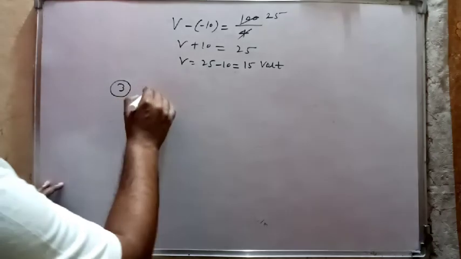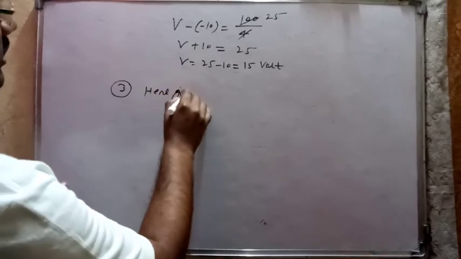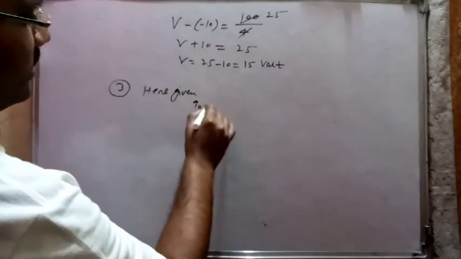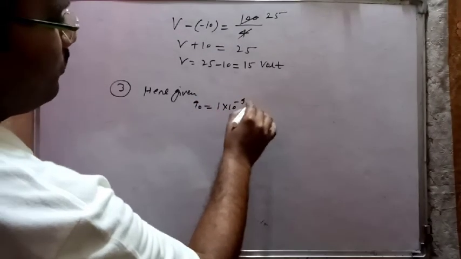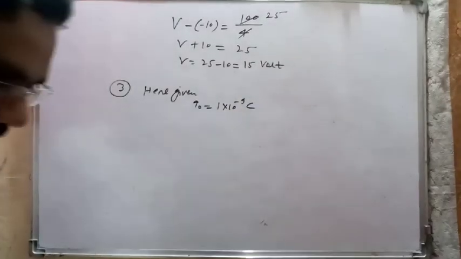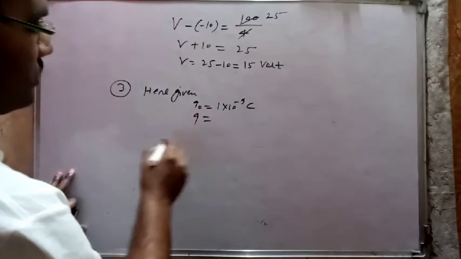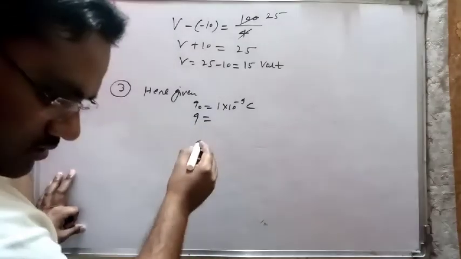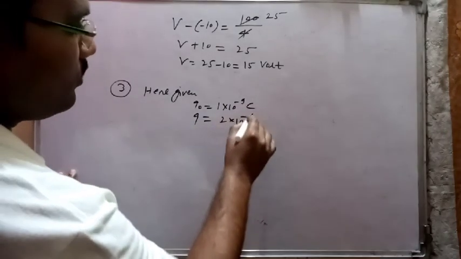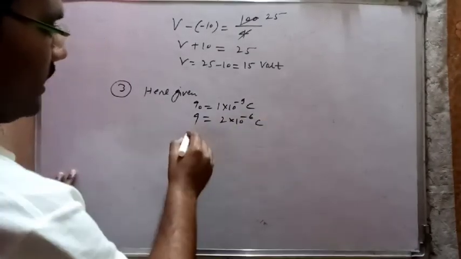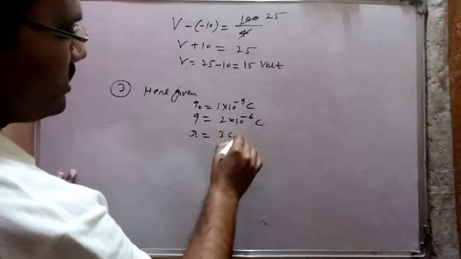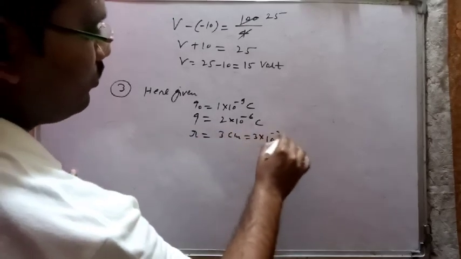So now here given test charge is equal to 1 into 10 to the power minus 9 coulomb, and source charge is given 2 into 10 to the power minus 6 coulomb, and distance is 3 centimeter, that means 3 into 10 to the power minus 2 meter.